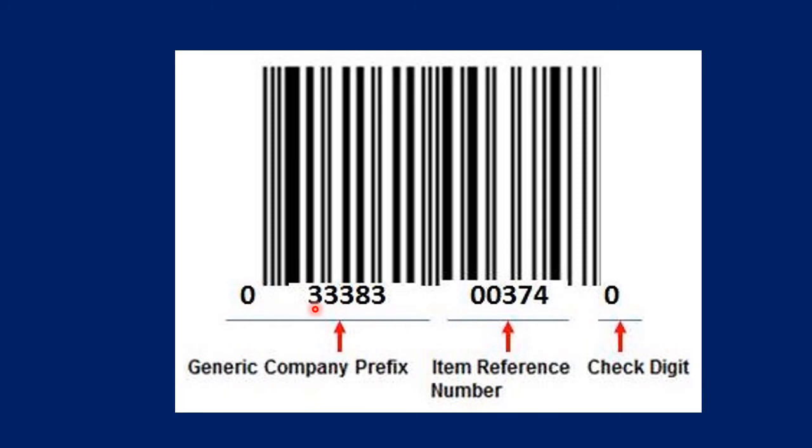The next 5 digits represent the manufacturer, that's the company prefix. The next 5 digits are the item reference number. And the last digit we call the check digit. We will learn how to get the check digit.